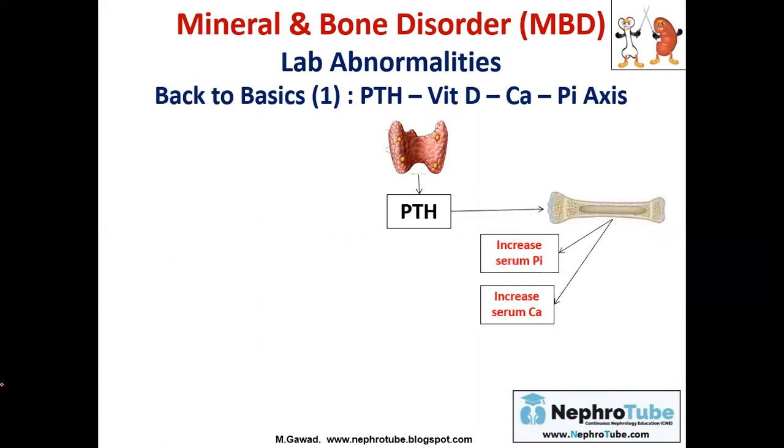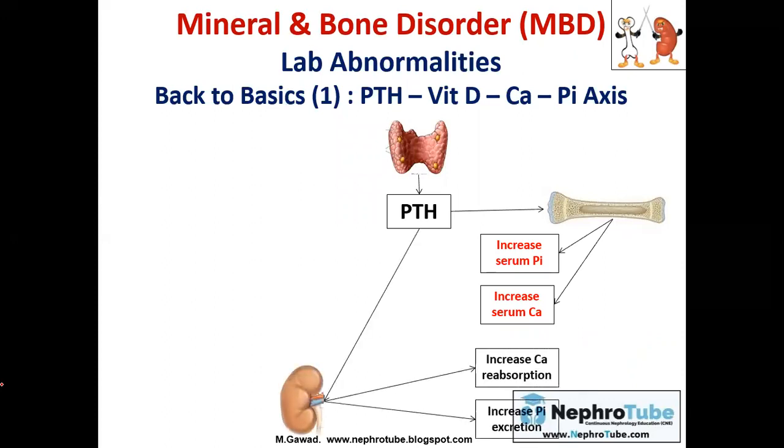PTH acts on the bone, which will cause increased release of calcium and phosphate from the bone to the circulation. Normally, PTH also stimulates the kidney to increase calcium reabsorption and increase phosphate excretion.